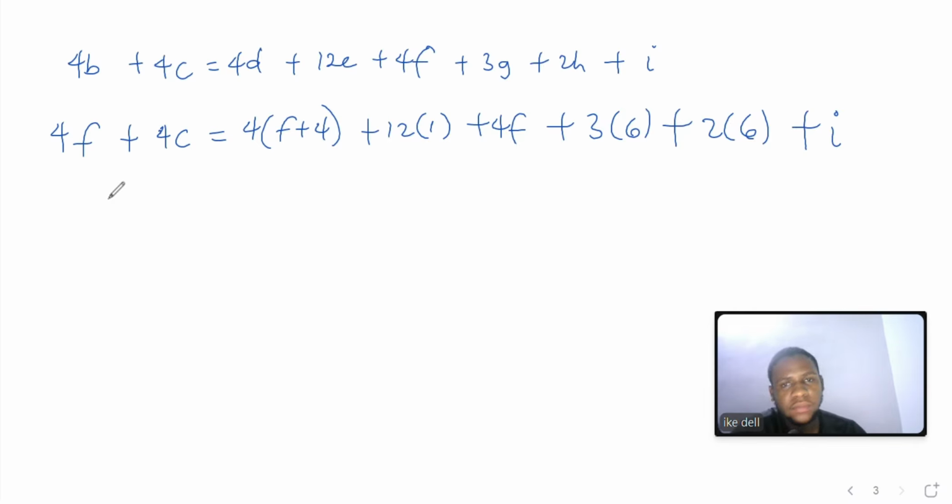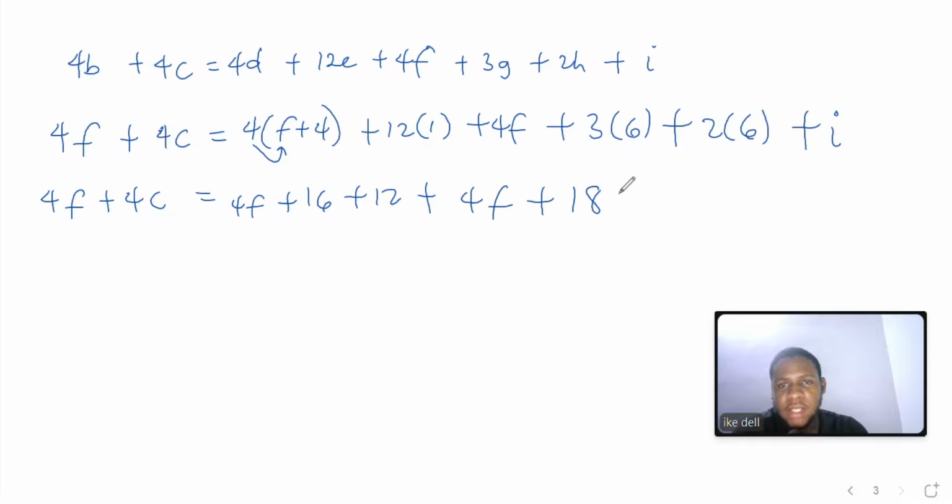Now, let's just try to simplify this first. So I have 4f plus 4c is equal to 4f plus 16 plus 12 plus another 4f plus 18 plus 12 plus i. So this 4f can take away that 4f happily. So that means that 4c should be 16 plus 12 plus 18.